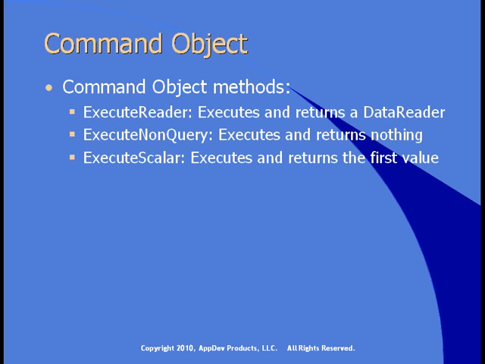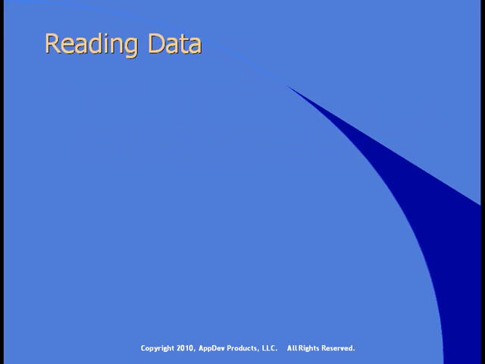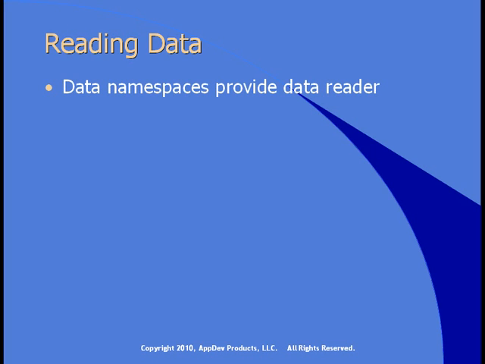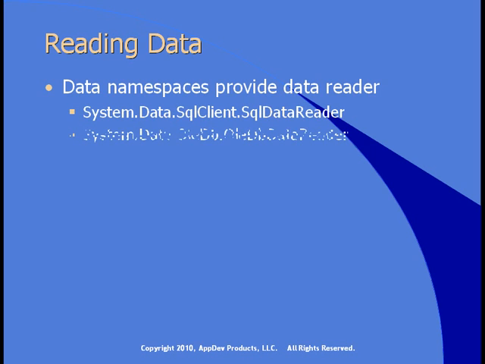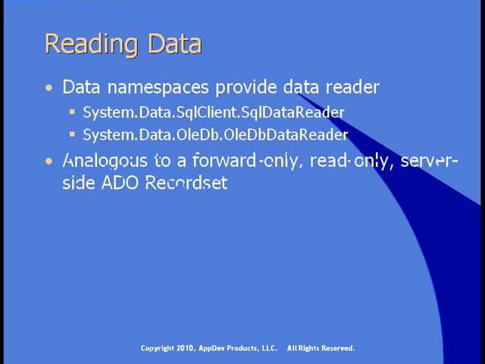Well, let's start by looking at the ExecuteReader method. This method returns a data reader, and all the data namespaces provide a class that represents this data reader. There's System.Data.SqlClient.SqlDataReader and System.Data.OleDb.OleDbDataReader. These are analogous to a forward-only, read-only, server-side ADO recordset, which is a way to visit one row of data at a time in order, moving forward only through your data source.